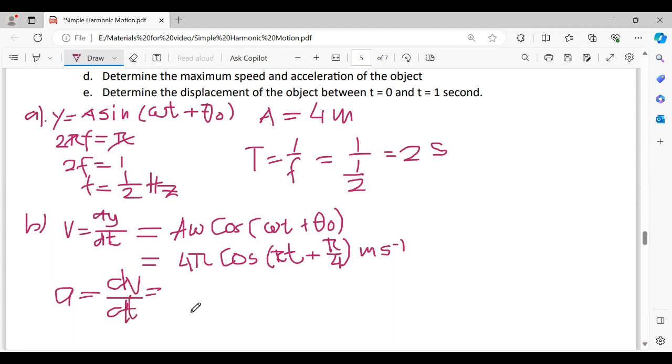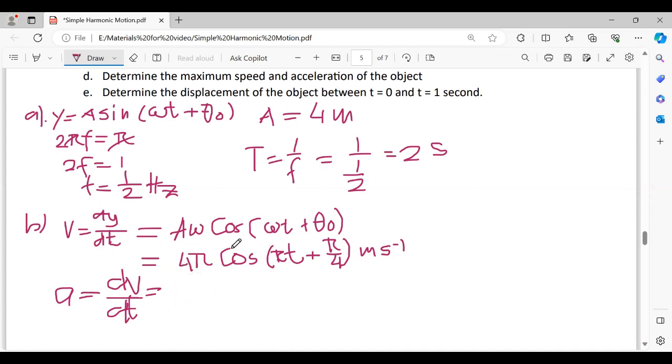We find the derivative of this velocity term, A omega cosine of omega t plus theta zero.